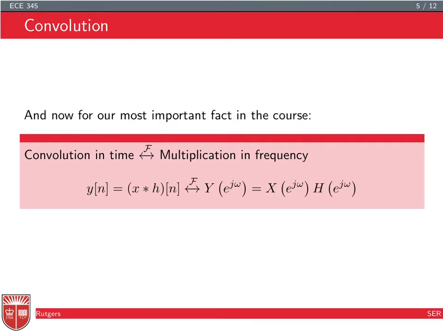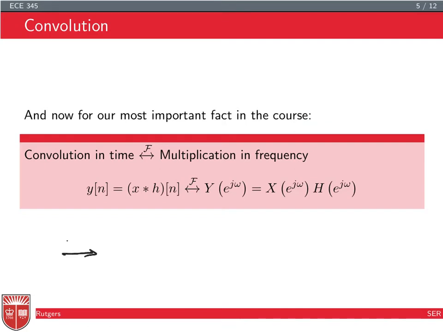Now we get to basically one of the most important properties of any Fourier transform: convolution in the time domain is multiplication in the frequency domain. Usually this is useful when studying the input-output of an LTI system.